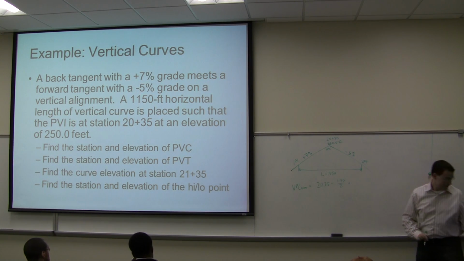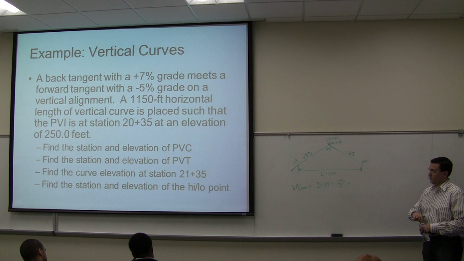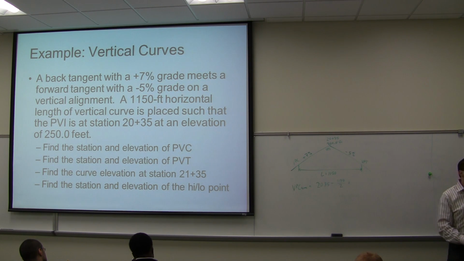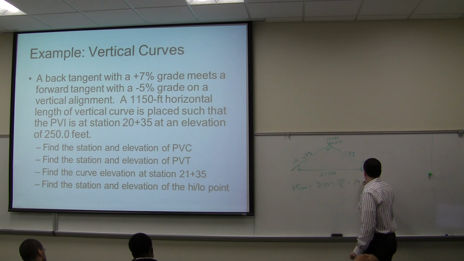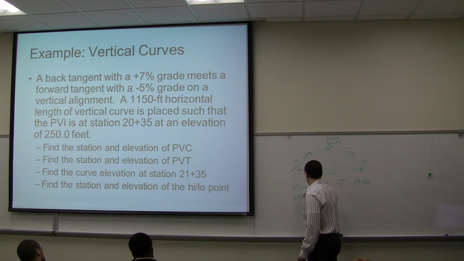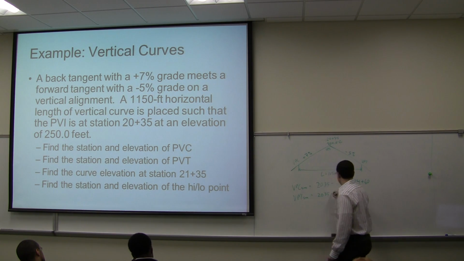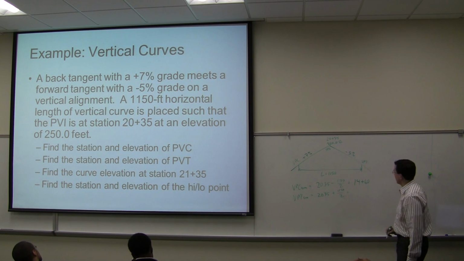What's that give you? 14 plus 60. Let's go ahead and do the VPT station. That's going to be 2035 plus 1150 over 2. 2610.